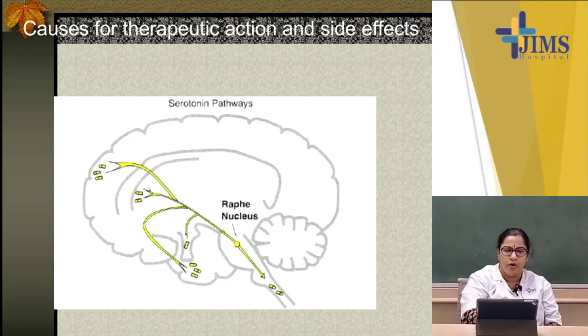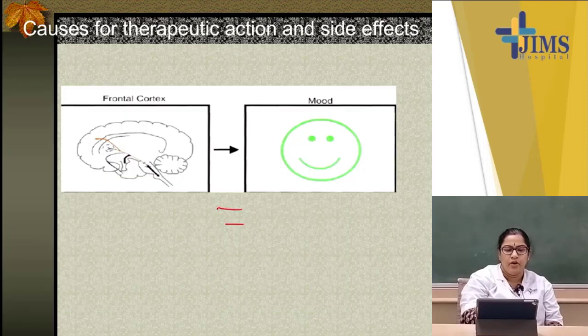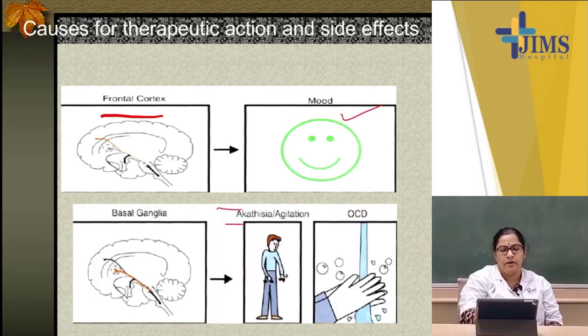Now, what are the causes for the therapeutic action and the side effects? So, we can see these are the serotonin pathways. Here, it is acting on the limbic system as well as in the basal ganglia and also in the cortex through the raphe nucleus. So, what is happening? When the serotonin has its action on the frontal cortex, there is an elevation of the mood.